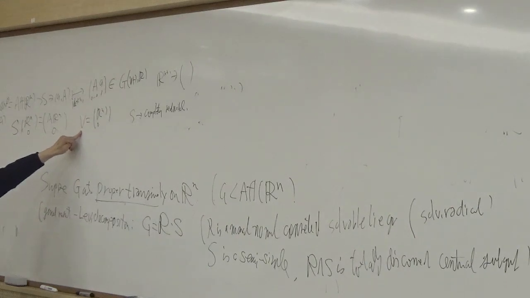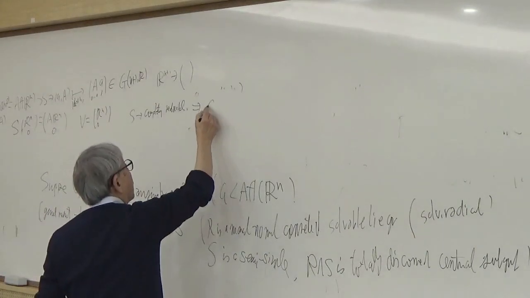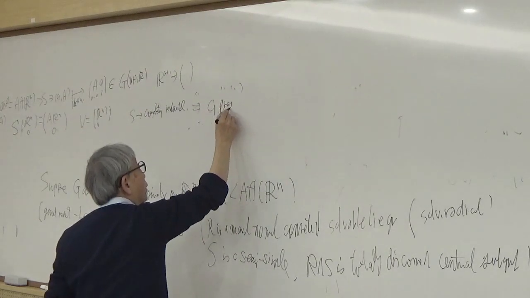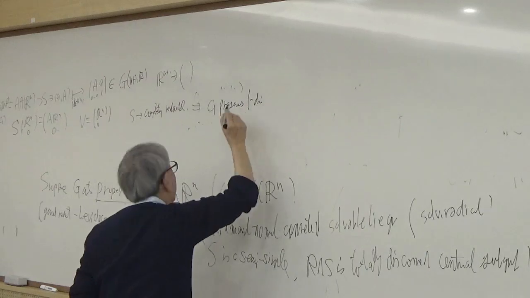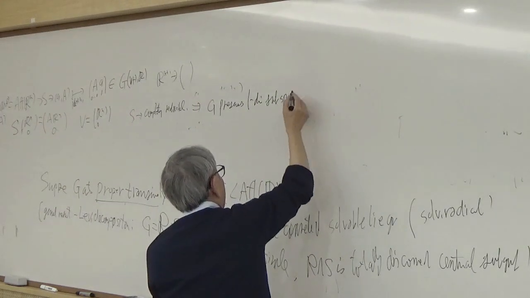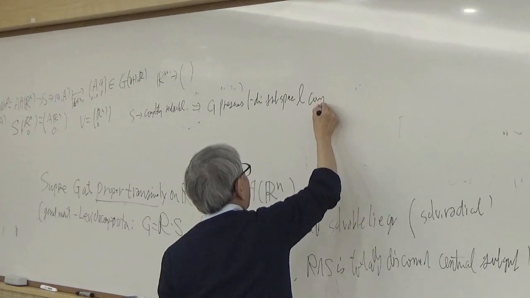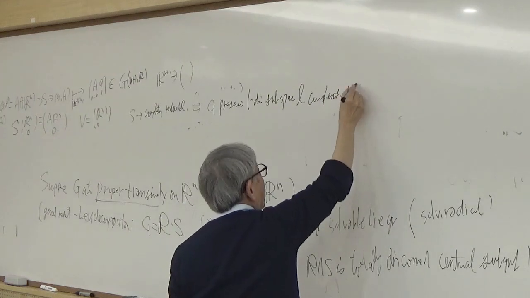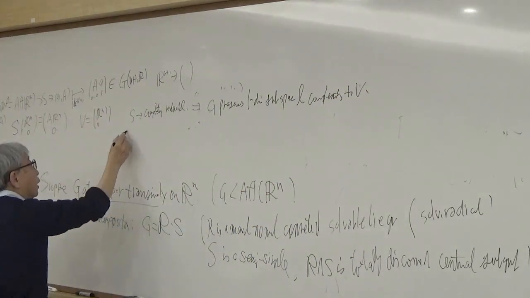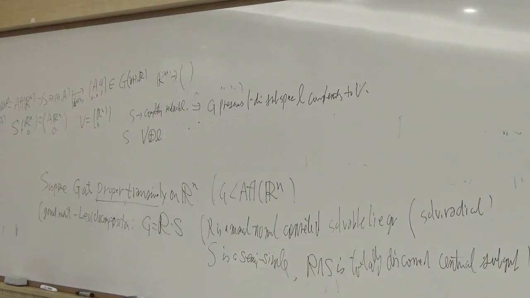Then S leaves invariant a complementary vector space, a complementary one-dimensional subspace, a line L, complementary to V. I just want to say S preserves V and a complementary vector space L of one dimension.